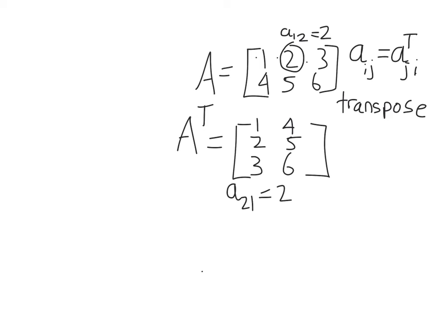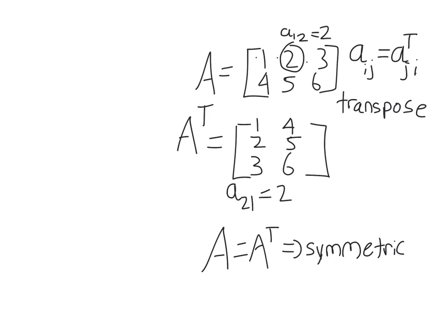So a matrix in which A equals A transpose is called a symmetric matrix, okay? So of course a symmetric matrix would have to be a square matrix because it would have to have the same number of rows and columns.